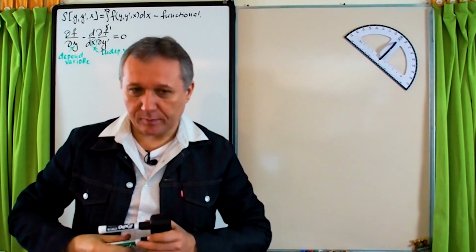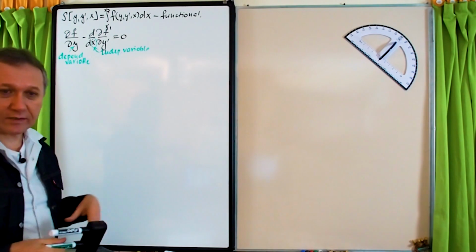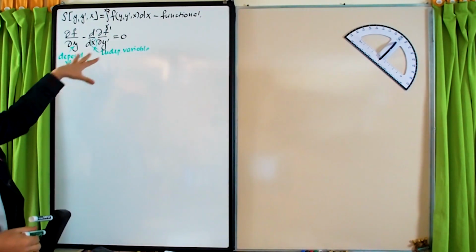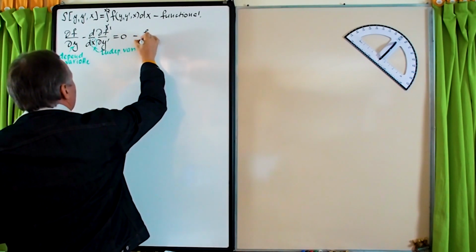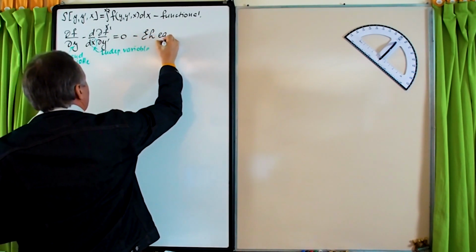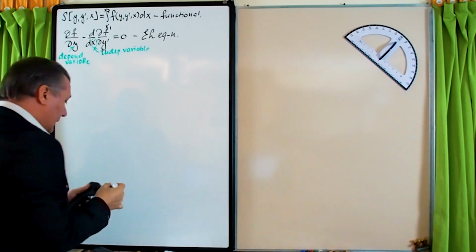In 10 or 15 minutes, you will see why I'm emphasizing that this is dependent and that is independent. This is what we call the Euler Lagrange equation, a second order differential equation.